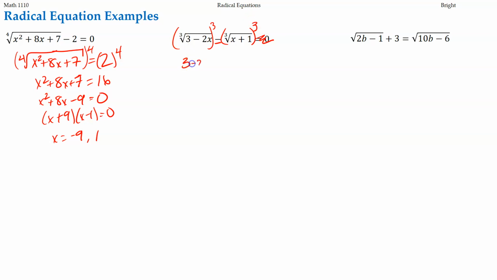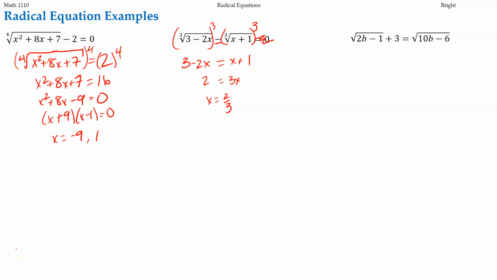And then you solve this, so you get 3 minus 2x is equal to x plus 1. Add the 2x over so you get 3x on this side, subtract the 1, and then you get x is 2/3. Okay, and then now again I want you to pause the video and tell me if this solution is extraneous or not.